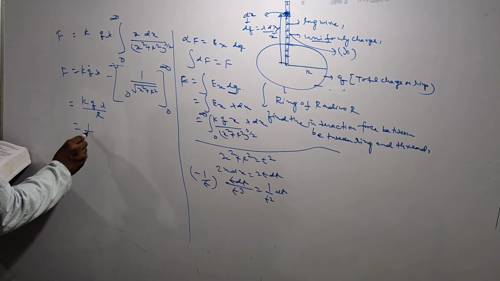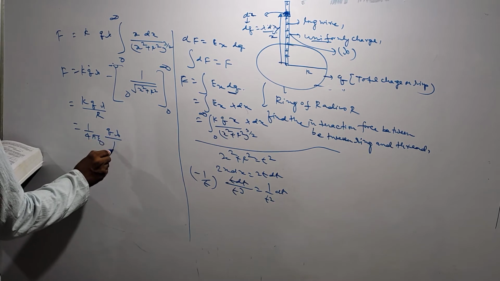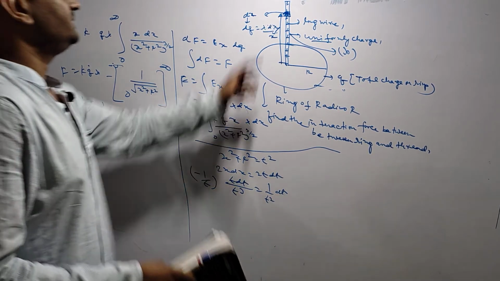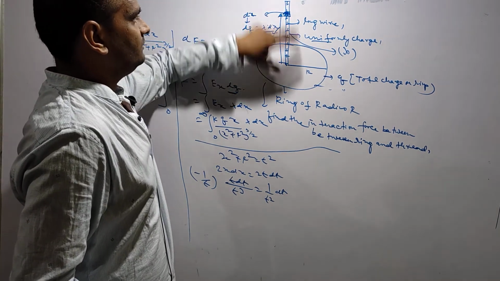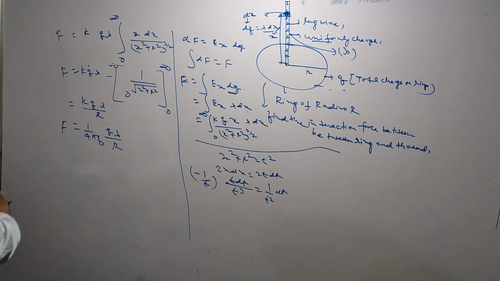So we have 1 by 4 pi epsilon naught times q lambda by r. This is your total force of interaction between this wire and the ring. Okay.